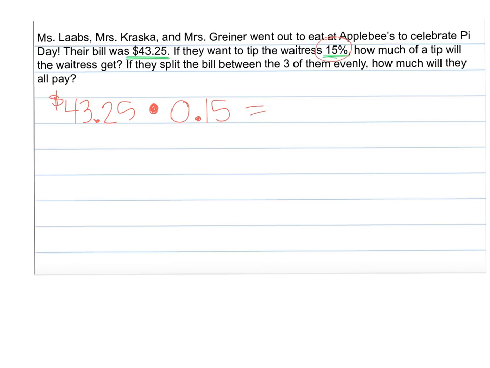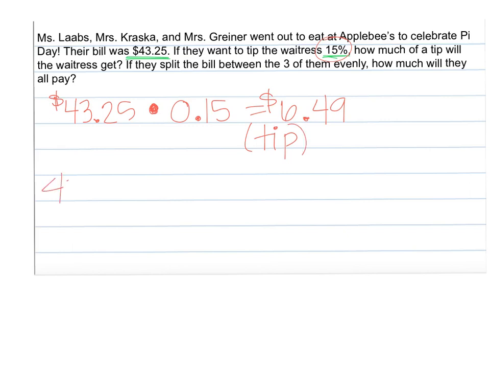We get $6.49. I'm rounding it to the nearest hundredth because it's money, and I'm adding my dollar sign because it's money. So this is how much of a tip the waitress is going to get.